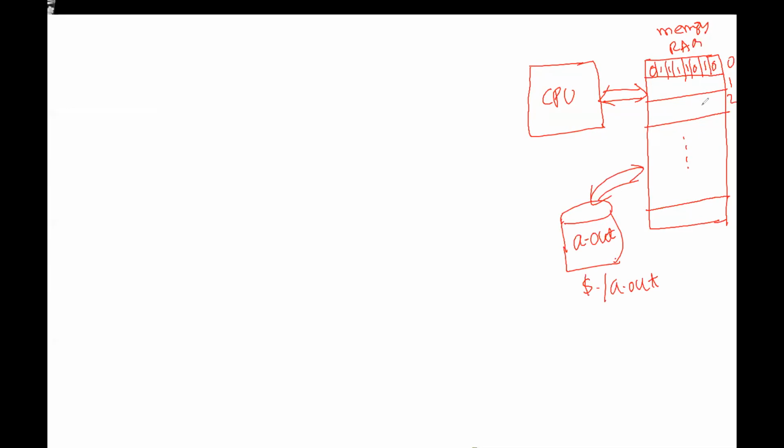If you look at your memory, it is a linear sequence of bytes and every byte is a sequence of 8 bits. So if I ask you what is present at memory location 2, and let's say we don't have access to the source program or anything, can you tell me what is present at memory location 2?